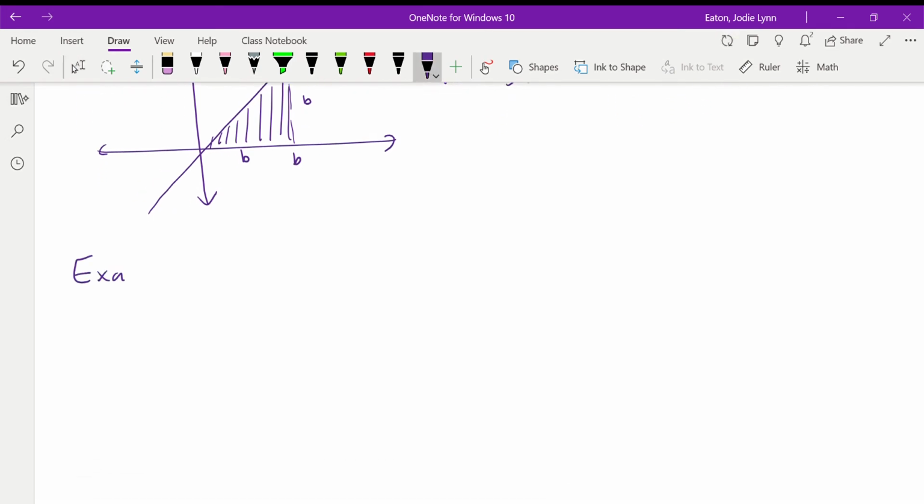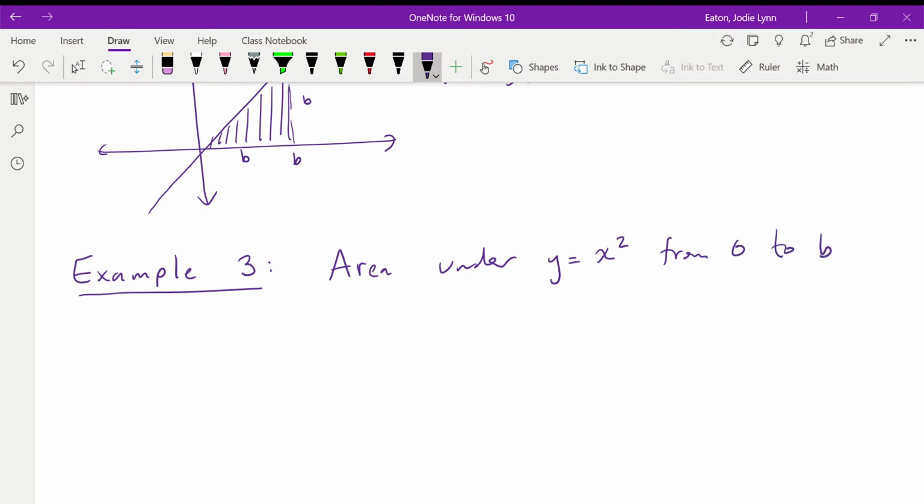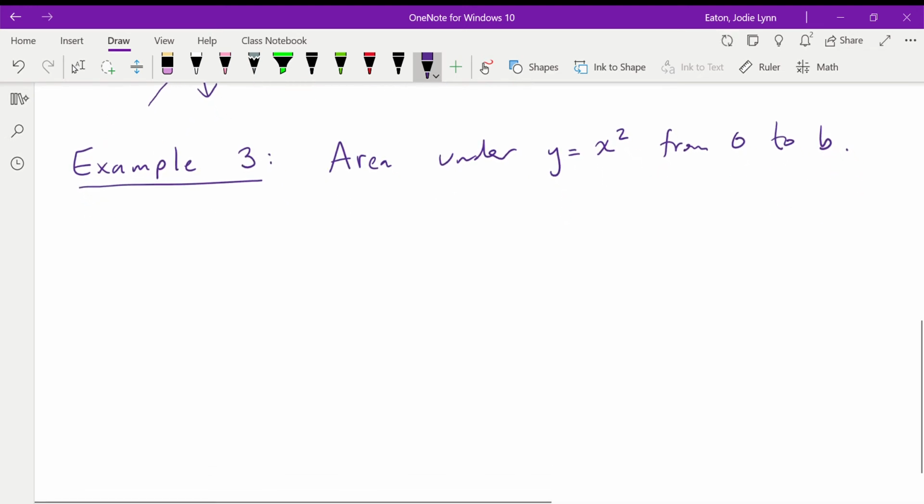Okay, well, we've looked at 1, so a 0-degree polynomial. We've looked at x, a first-degree polynomial. So let's look at a second degree. So what about the area under y equals x squared from 0 to b? So let's take our graph.